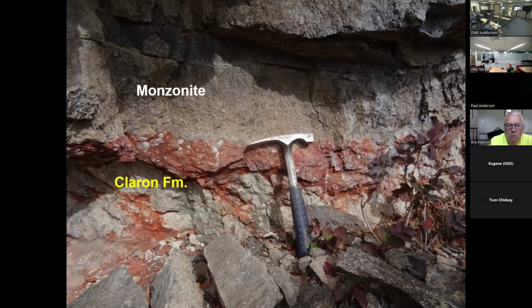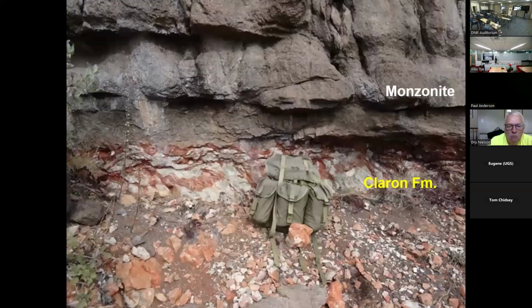Ben thought that was contact metamorphism, which is likely, or we might be getting into the upper portion of the pink into the white. Here's another picture of that as well. So this could be the top of the white, or it's just metamorphic. He said it was pretty cooked.